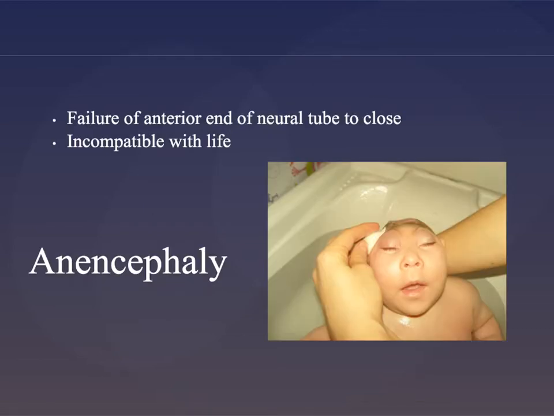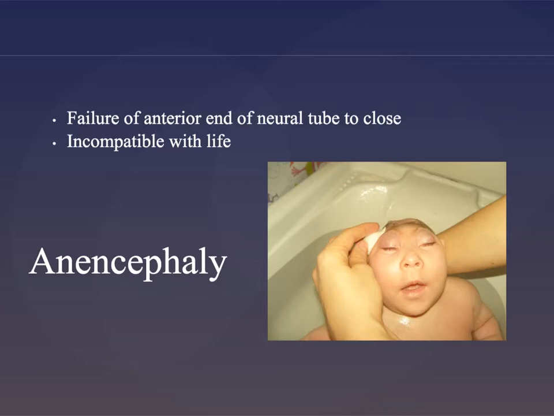So this is anencephaly. This is the most severe case of a neurological defect in a way. You have an absence of the cranial vault or an absence or very small cerebral hemispheres, and a lot of the times they don't have the full overlaying skull.